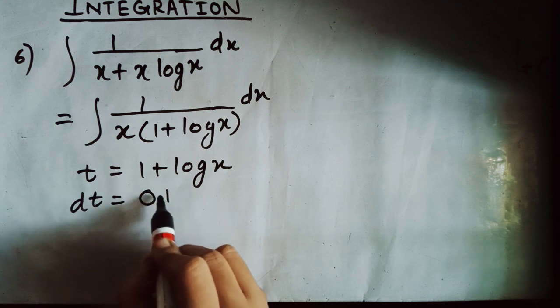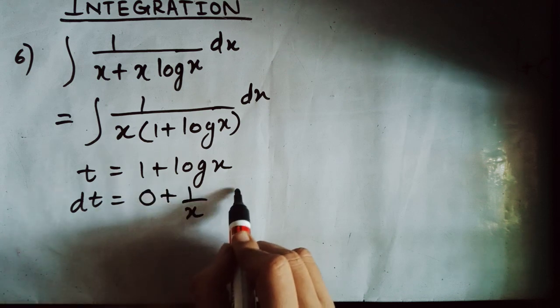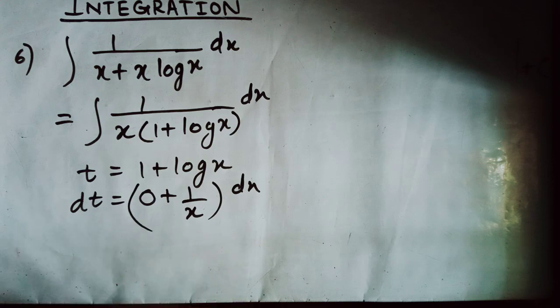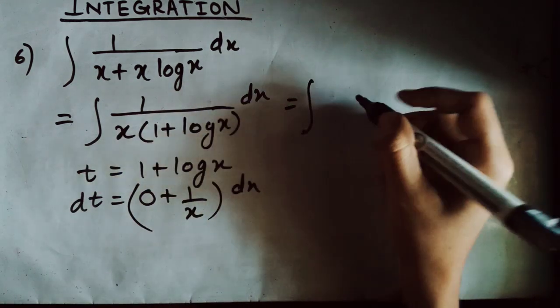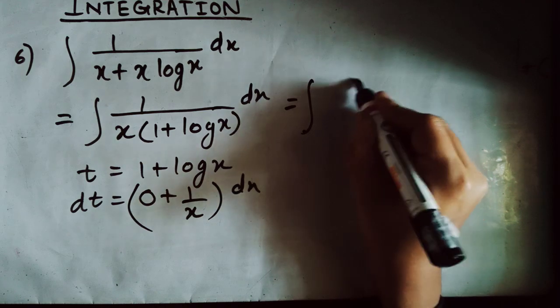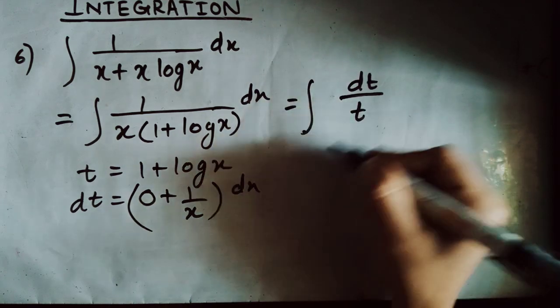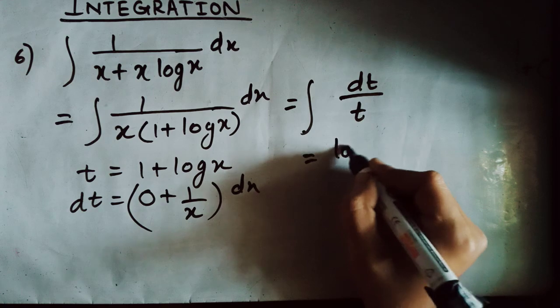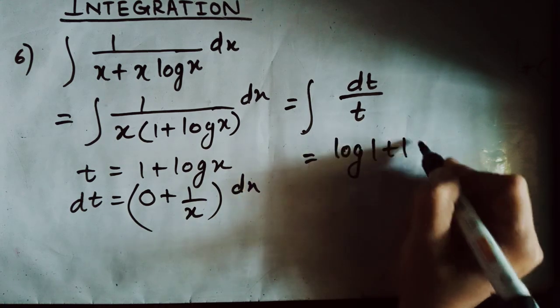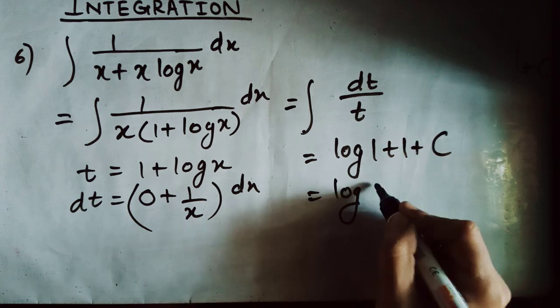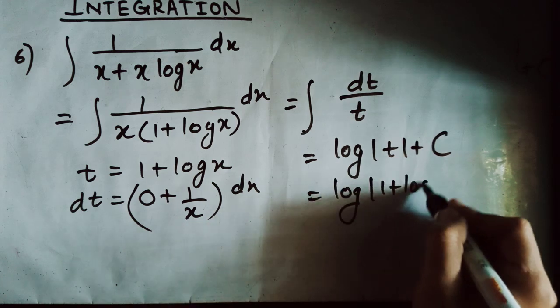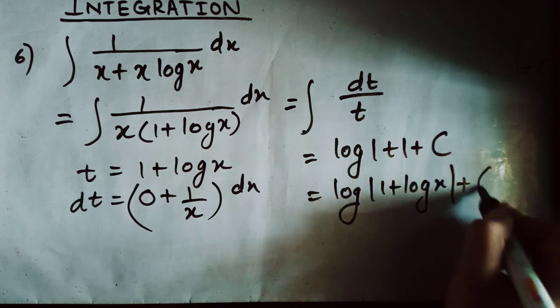This is 0, log x is 1 by x dx, right? So I can use this. So I can write here integral of 1 upon x dx is our dt and this is t. So this is log of mod of t plus c. So t I have taken as 1 plus log x, correct?